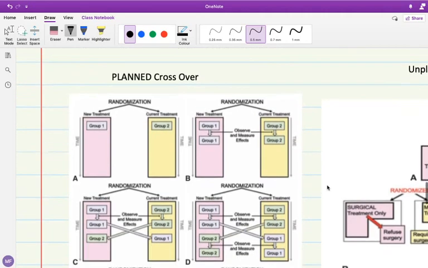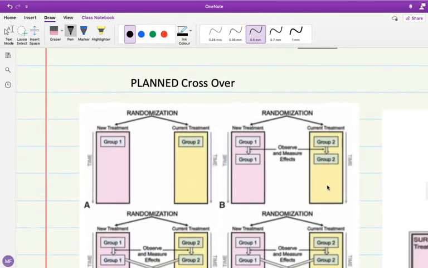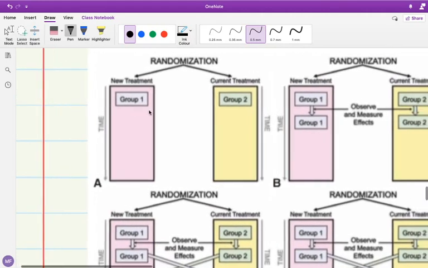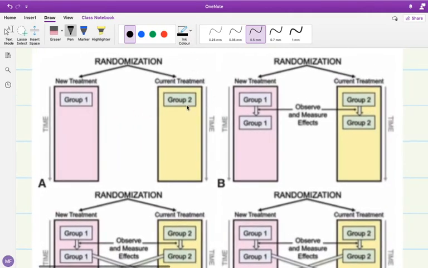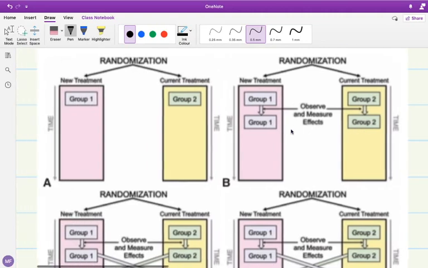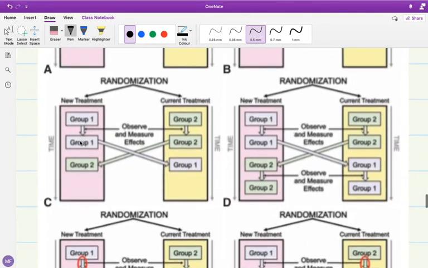Let me focus on planned crossovers. Planned crossover means that during a trial, you are assorting a certain number of individuals in group 1 and certain in group 2, and you assign them the current treatment and the new treatment. During the passage of time, at a certain time point, you follow them. Then you say that this is an observed and measured effect of the new treatment. This is the measured effect in group 2. With the passage of time, you say that now I want to test these individuals with a conventional treatment.